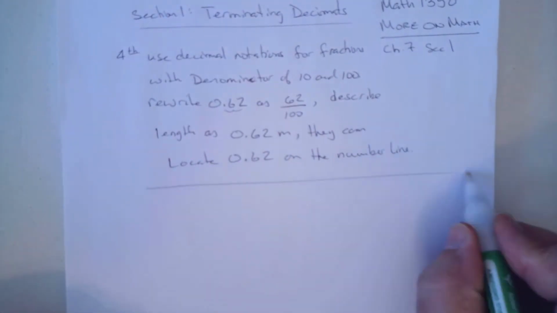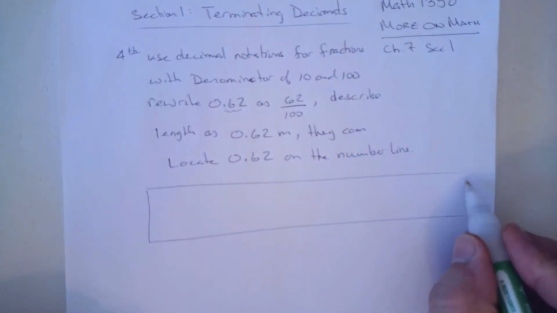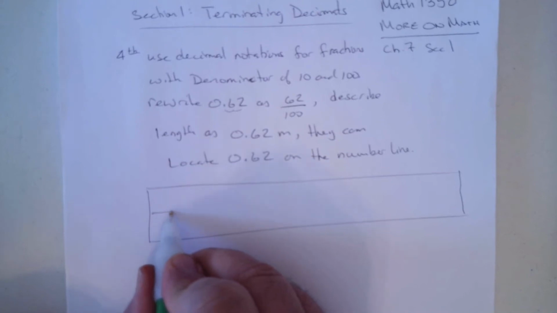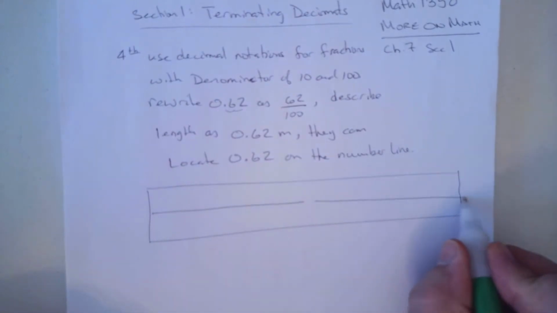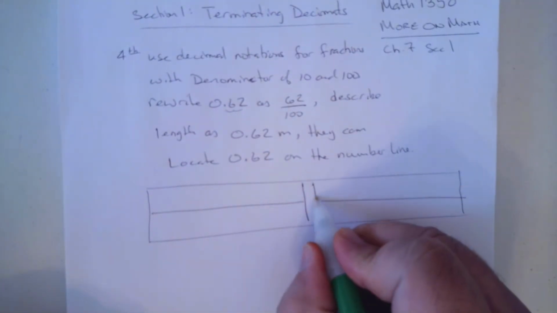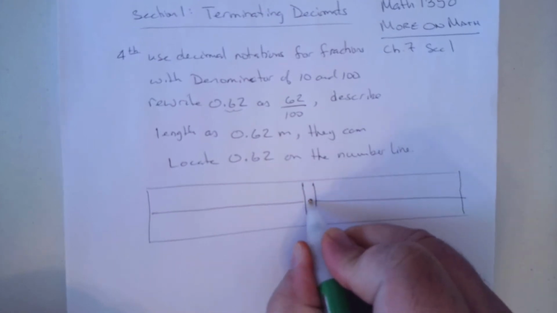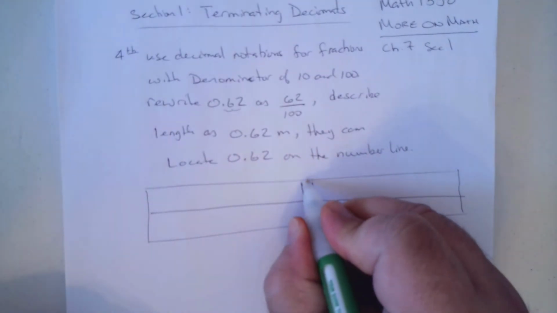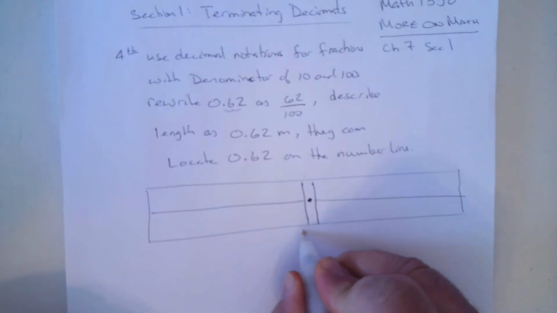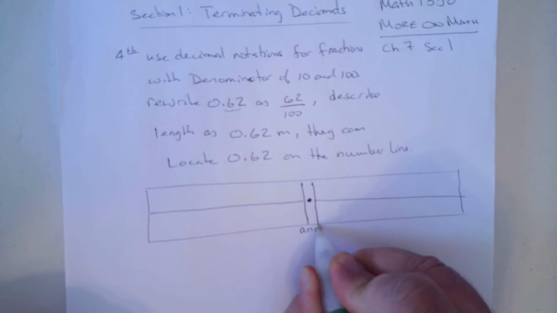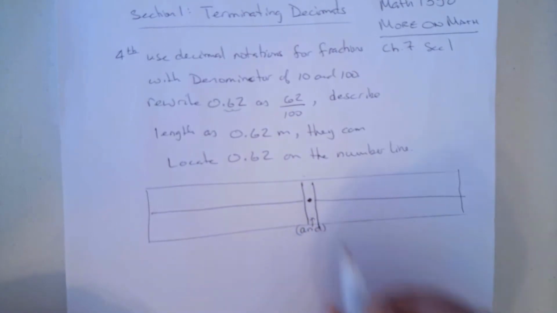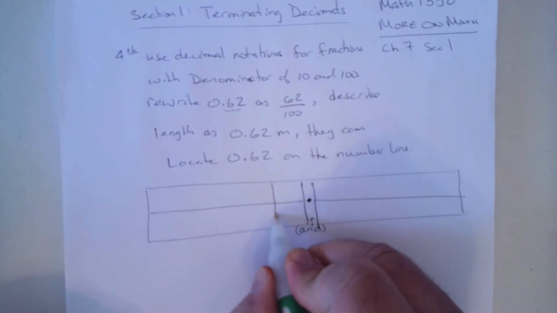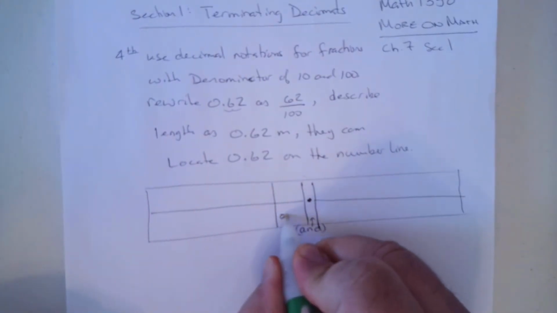Let's look at this. What defines decimals? Okay, here's our decimal. When we write them out, the decimal is replaced by the word and. Okay, on the left, we have the ones.